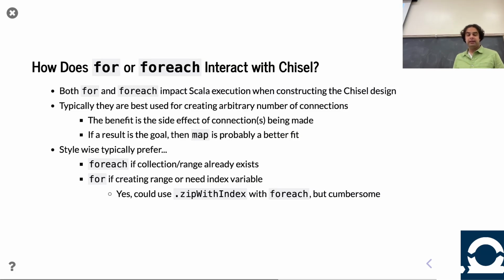I think people are kind of used to that. Technically, you can create the range and then call foreach on that. That's true. You can also iterate on a collection with for. Both are possible. This is becoming a little bit of personal opinion, style-wise. When I create the range, I like for, and when I have a collection that already exists, foreach tends to work for me. But there's some room for both. Now, of course, there are things like zipWithIndex with foreach.